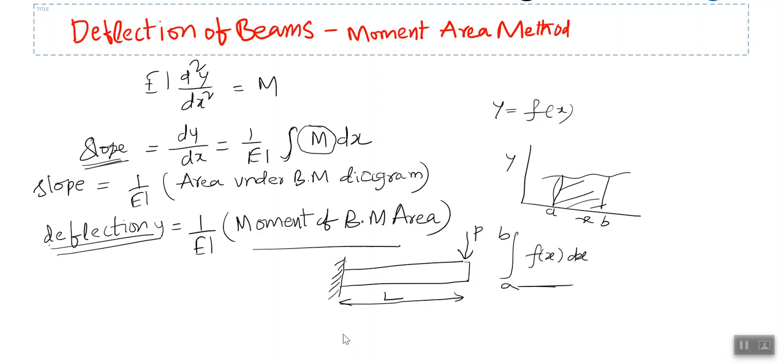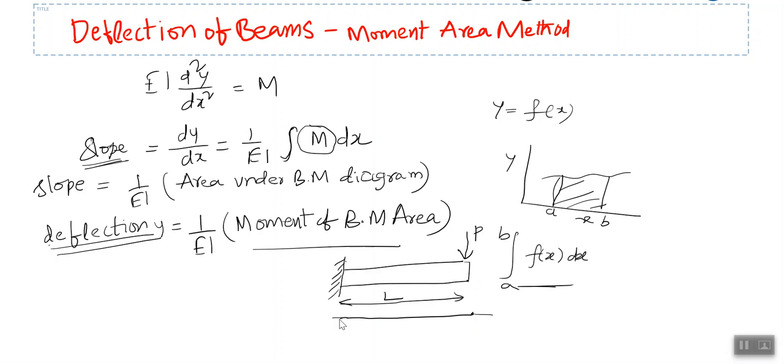If we draw the bending moment diagram for this, it will be something like this. This is our zero line. Here the bending moment is 0 because the load is passing through the point, so load into distance is 0.